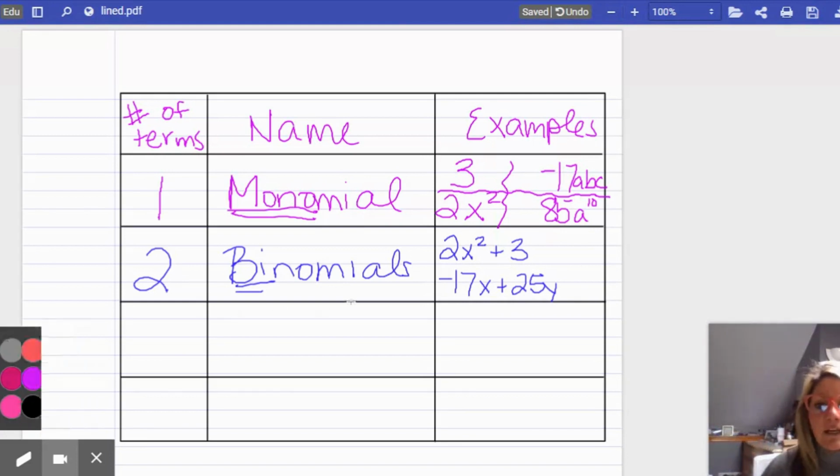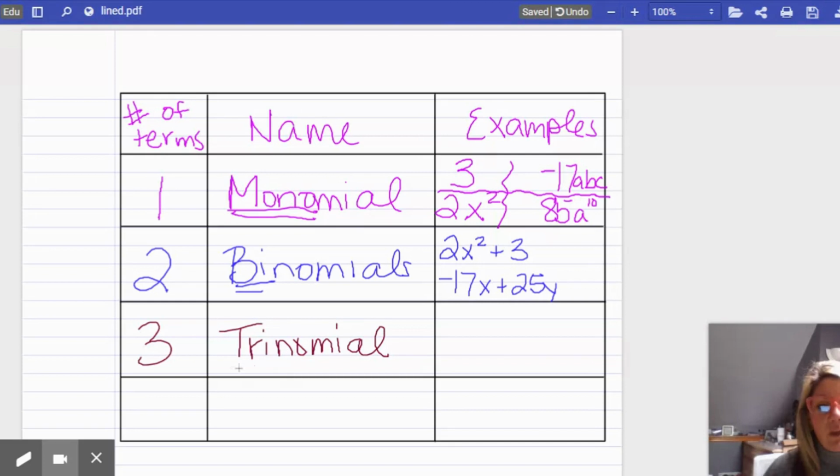Okay, next we could have three terms. If we have three terms, we call that a trinomial. A trinomial, like a tricycle, that's how you can remember, has three terms. So you could have 5x squared minus 2x minus 5.